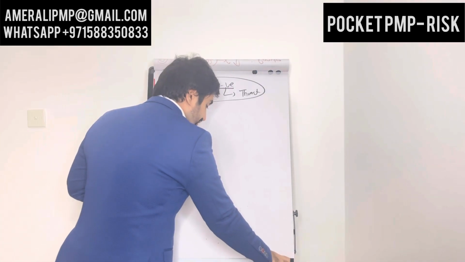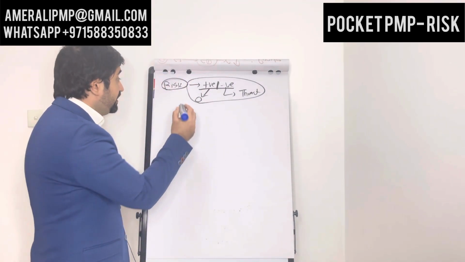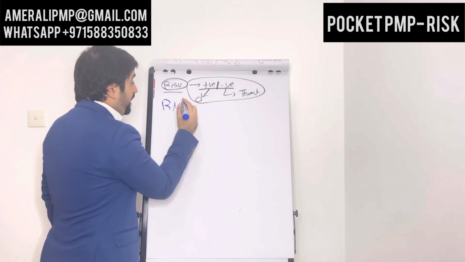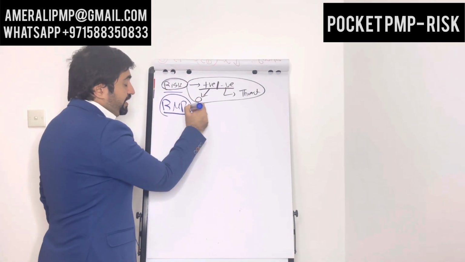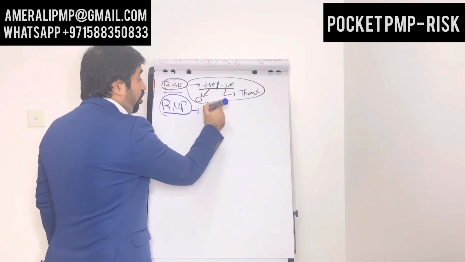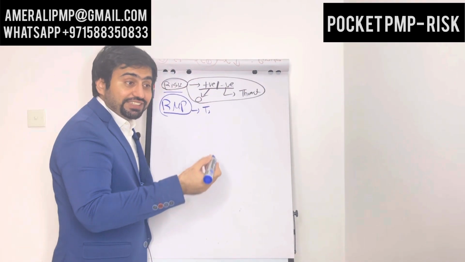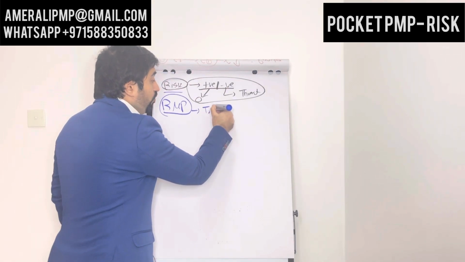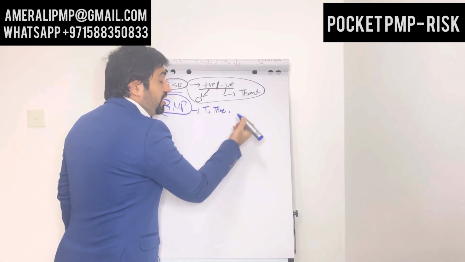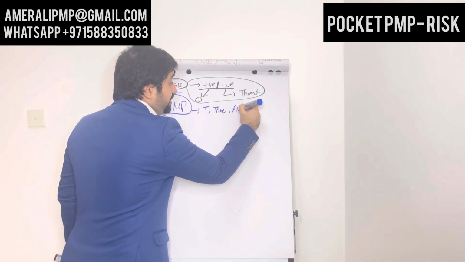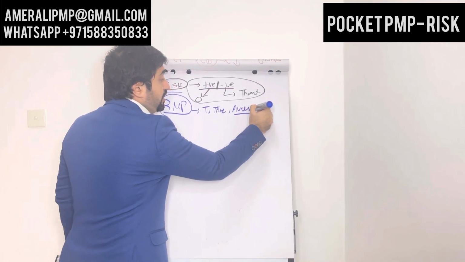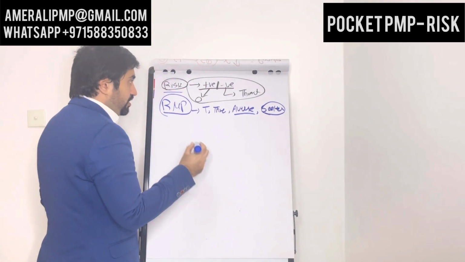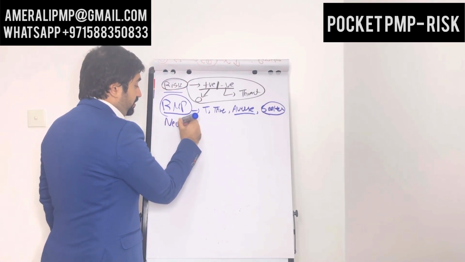When you want to identify risk, the first thing is always to make a risk management plan. The risk management plan tells us the organizational tolerances, how much risk the organization is going to tolerate, what their maximum threshold is, and whether your organization is risk averse, meaning they run away from risk, or risk seeking, they run towards risk, or risk neutral.